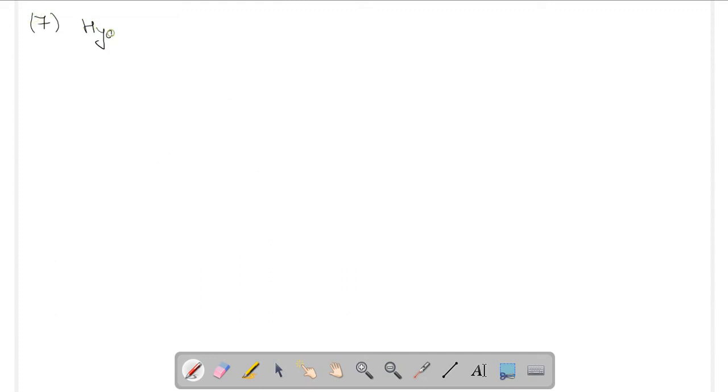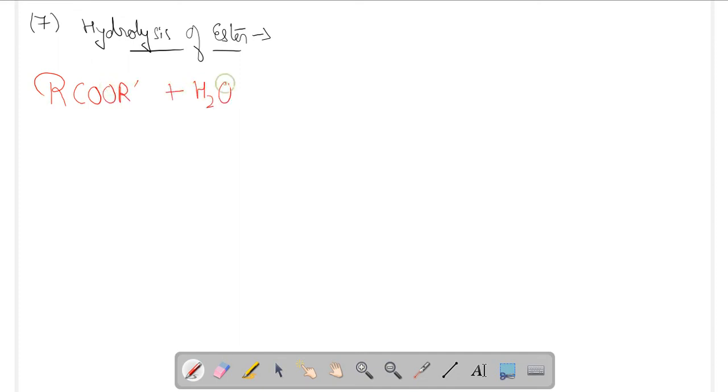Okay, next is the hydrolysis of ester. So hydrolysis of ester, that is RCOOR dash plus H2O, where H plus or OH minus will be there. Okay, so it will produce RCOOH plus R dash OH, that is carboxylic acid and alcohol will be produced here.